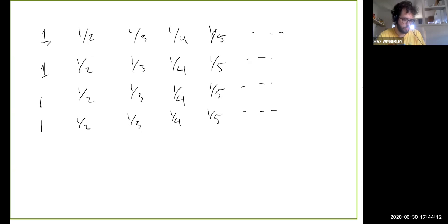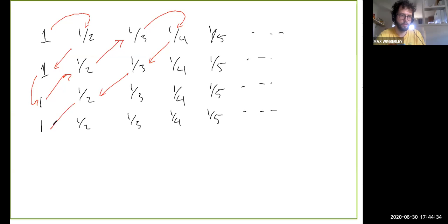So we'll form a sequence by traversing this diagram in a certain order. We'll start at 1, then we'll go down this diagonal, then we'll go up this diagonal, and then we'll go down this diagonal, and so on. So you just snake through this grid here.